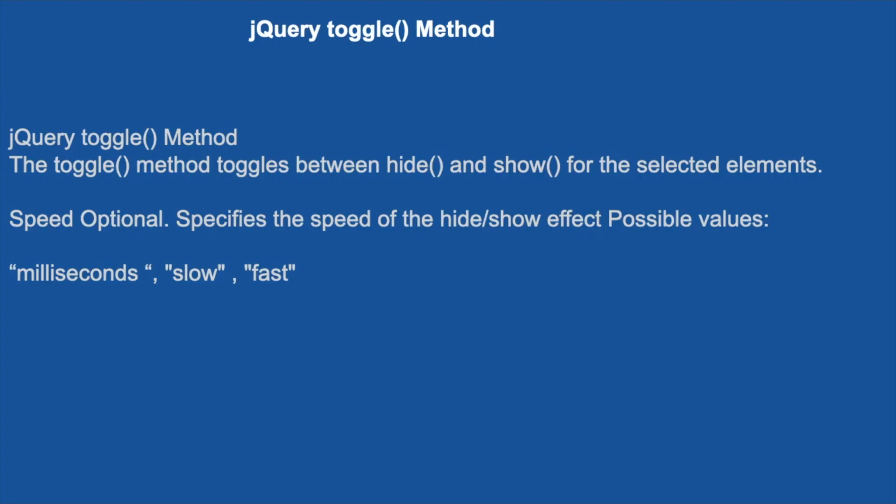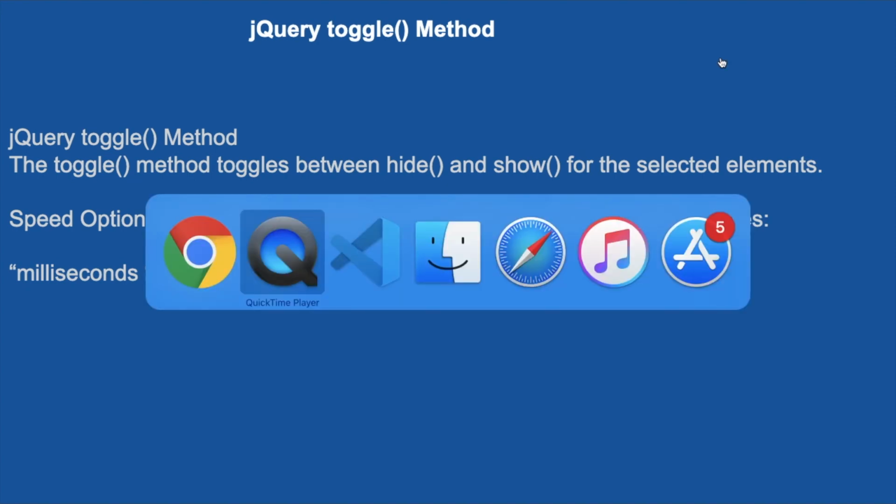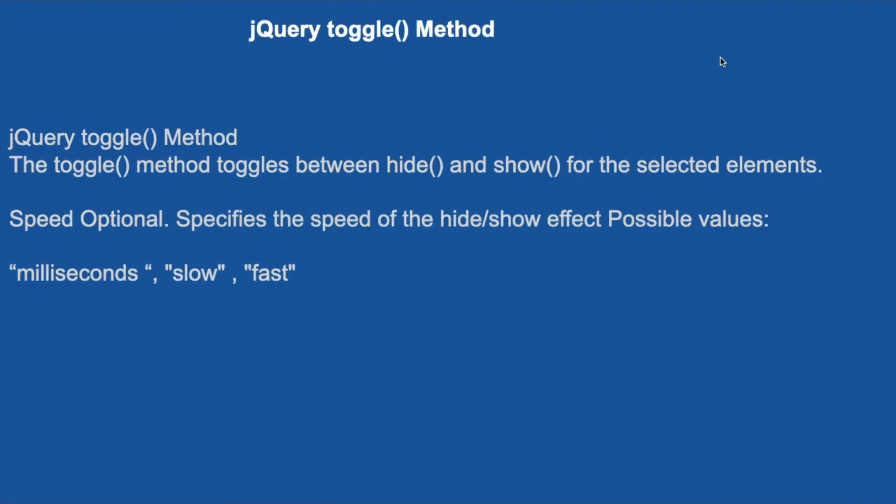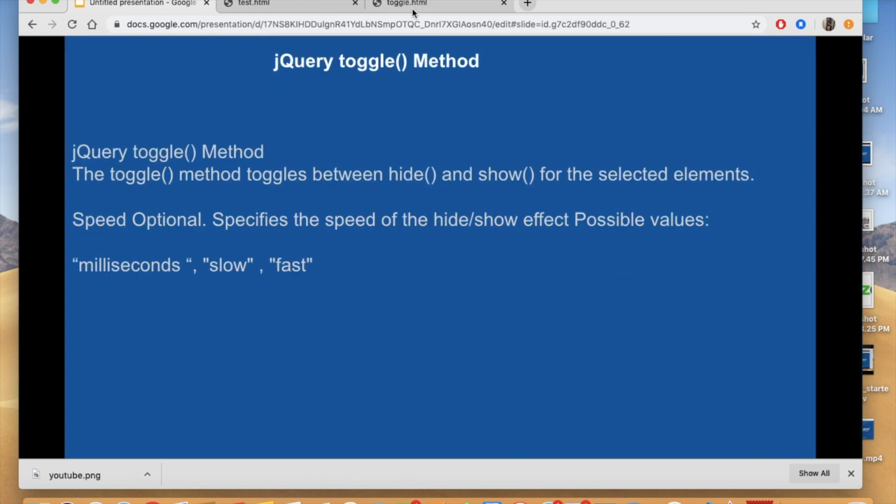So this is the theory about toggle, what toggle is doing. Toggle will hide and show the selected element, which means, here I have written a program.